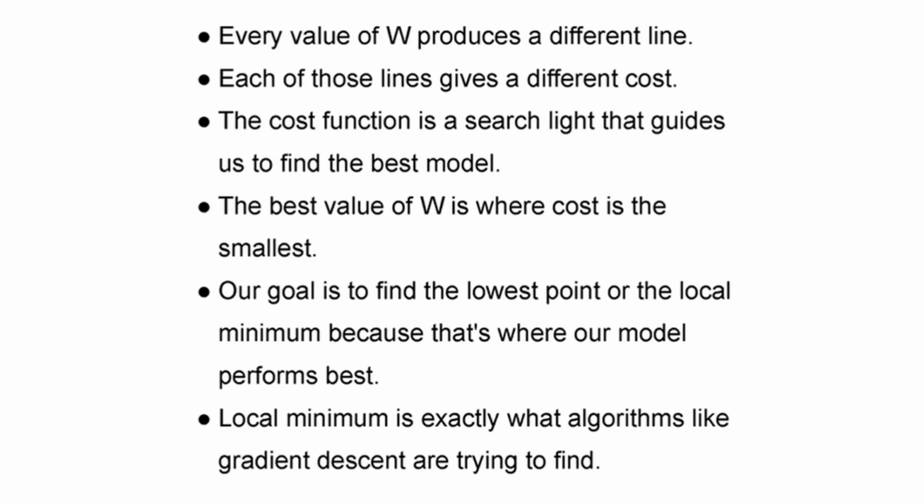For our data set, that was w equal to 2.0. The 3D plot showed us all possible combinations of w and b. Our goal is to find the lowest point, or the local minimum, because that's where our model performs best. And finally, local minimum is exactly what algorithms like gradient descent are trying to find.